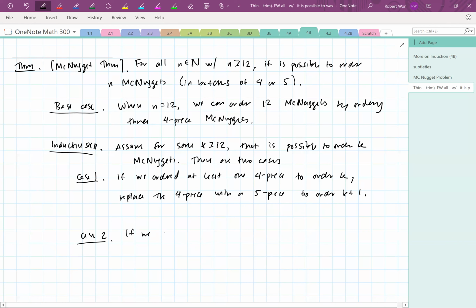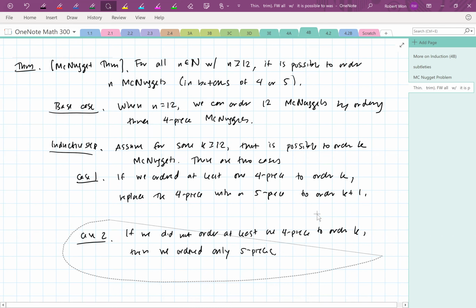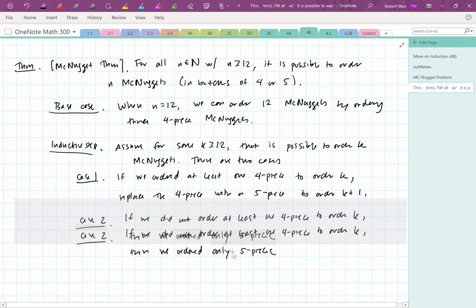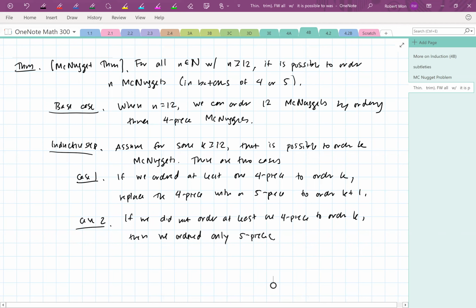Okay, so if we did not order at least one 4-piece to order k, well, that means that we used only 5 pieces. Right, but now, since k is bigger than or equal to 12, it must be that we ordered at least 3 5 pieces, because 2 5 pieces isn't bigger than 12.